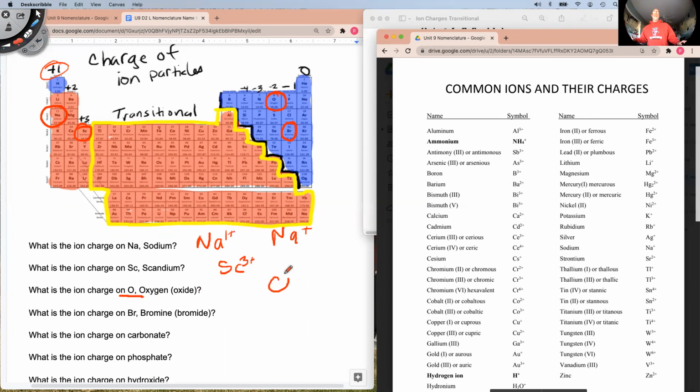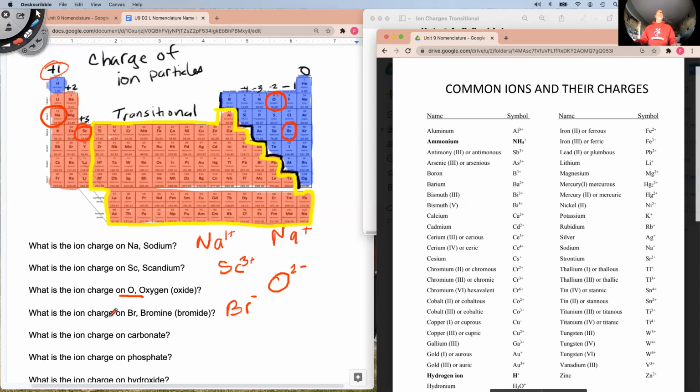The oxygen has a 2- charge, and the bromine has a -1 charge, but we just put a minus sign. We don't have to put the 1 in there. So that is how we find the charges on the ions. Now these in here, like I said last time, we're not going to worry about the charges on right now. We're going to worry about those next class.